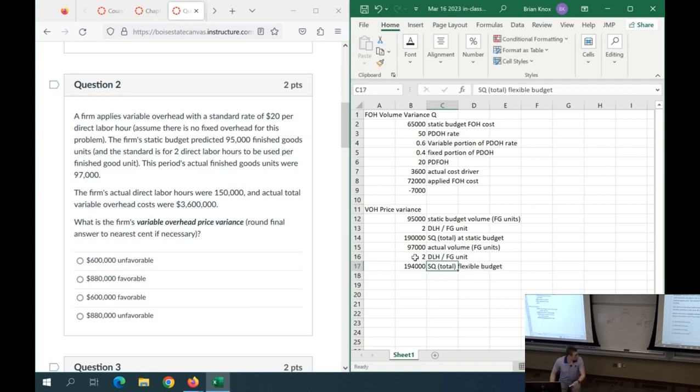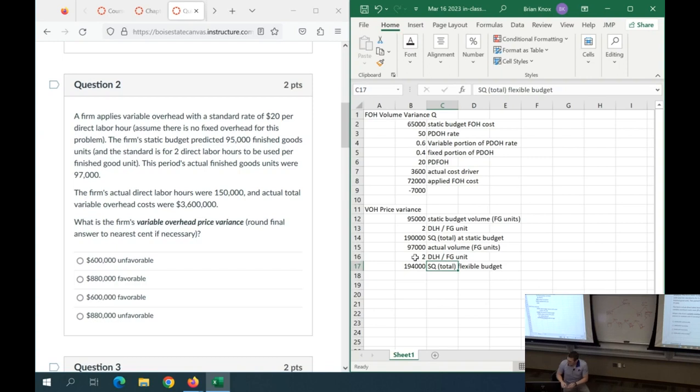So we use the more traditional squares of actual, quasi-budget, flexible budget, and static budget, with volume variance, quantity variance, and price variance. And so that 190,000 would be part of our SQ in this square, and 194,000 is the SQ in this square right here.